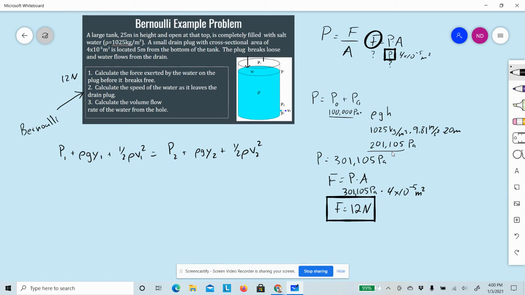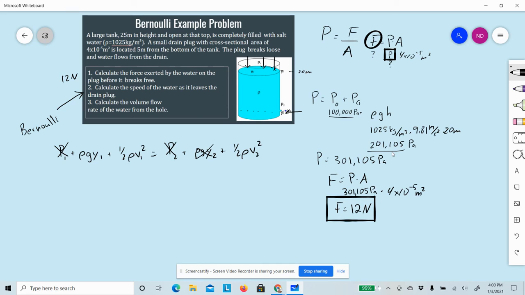Up here, the air is pushing it down, and out here, the air is pushing there. So nothing's being done. Atmospheric pressure will cancel out atmospheric pressure. Make this level's height 0. Make y2 0. That means this goes away, and so y1 is 20 meters above.